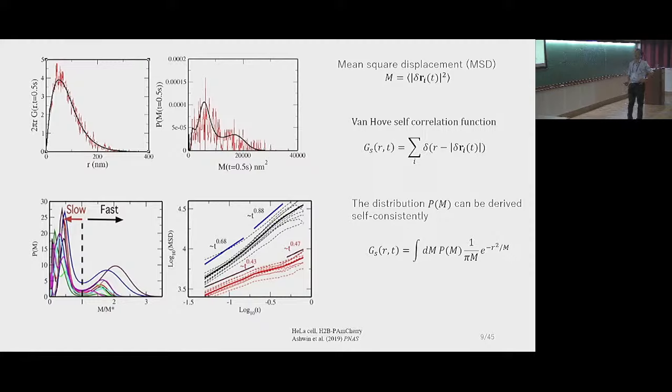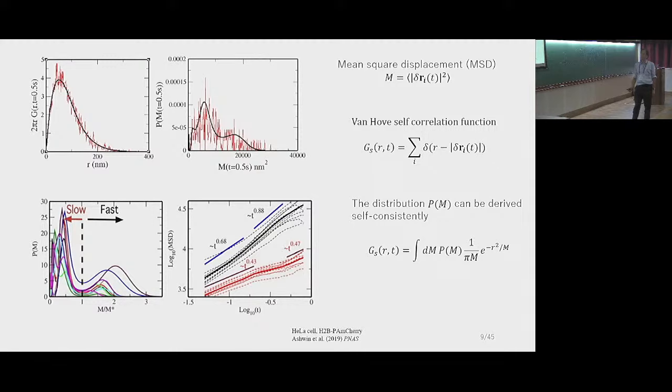This is a plot for how each nucleosome moves. This is a distribution of the MSD, mean square displacement. The red is the original histogram, and the black is a smoothed curve using some Bayesian statistical technique. And this is a case of HeLa cells.